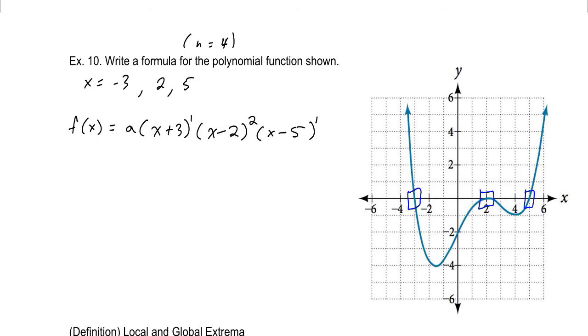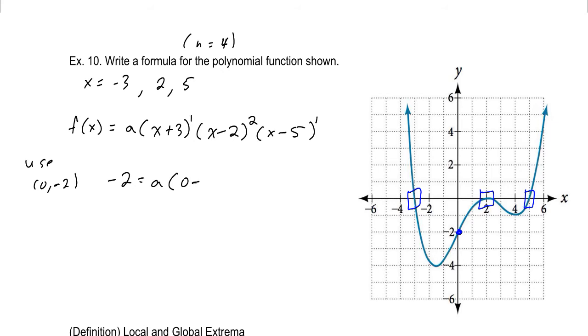Now, to find the equation, the one thing we're missing is the a value. So let's pick another point, not one of our solutions. A good point appears to be 0, -2. So let's use the point 0, -2. That means our output is -2, and our input is 0.